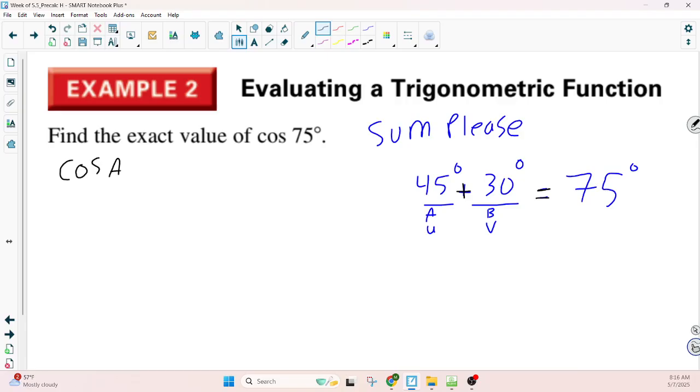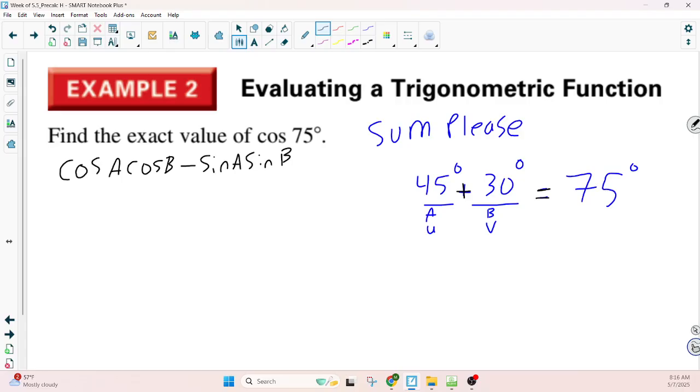Cosine of the first one, cosine of the second one, minus sine of the first one, sine of the second one. So not really that bad. Verifying that we're right here. Yep. And we're good. And that's a sum.